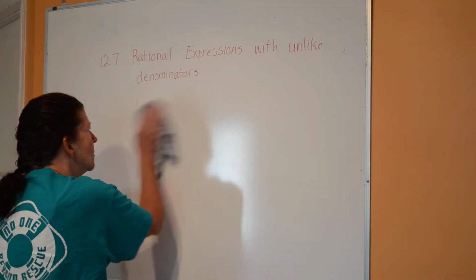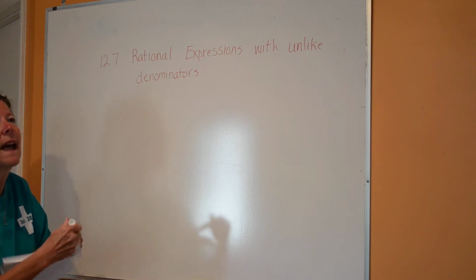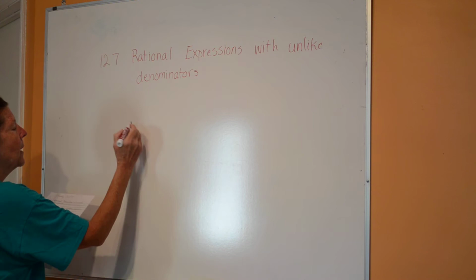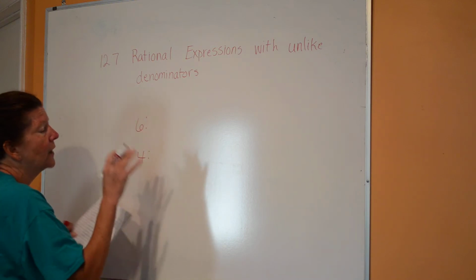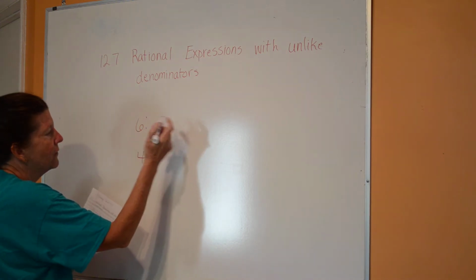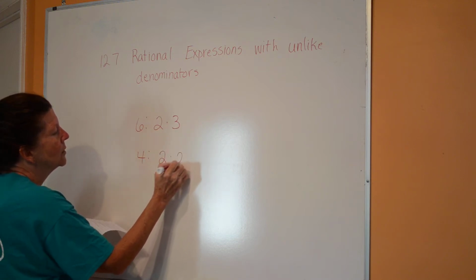And of course we're going to do that with rational expressions, or things that have x's in them. So if I had done the problem before, I could, to find the number that they both go into, write all the bottom row of the factor tree. So 2 times 3 and 2 times 2.